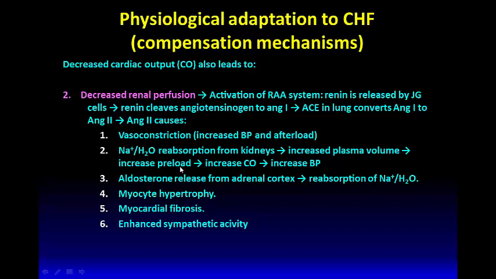And when the preload is increased, the cardiac output is increased according to Starling's mechanisms, and the blood pressure is hence increased. However, again, the increase in the preload is not good for the failing left ventricle.